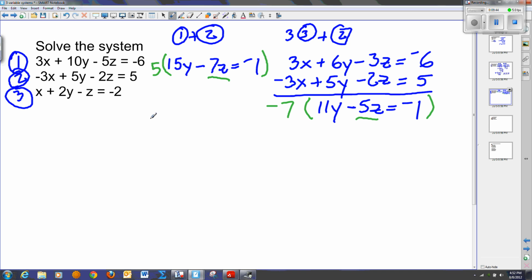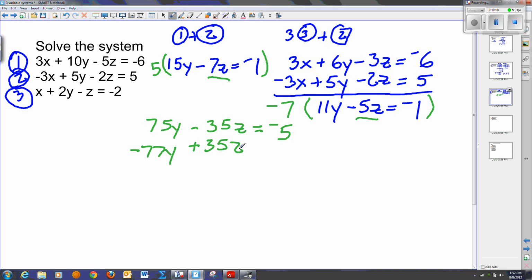So 5 times 15, 75y. Get negative 35z equaling negative 5. On the bottom equation, I have a negative 77y. I have a positive 35z.